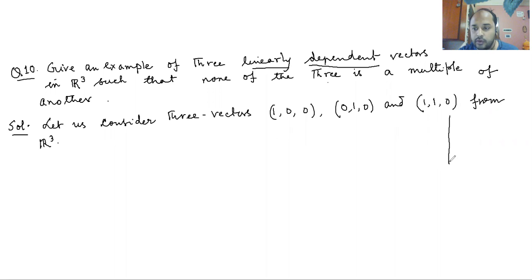You know that R3 is the three-dimensional space, the collection of all three-dimensional points.